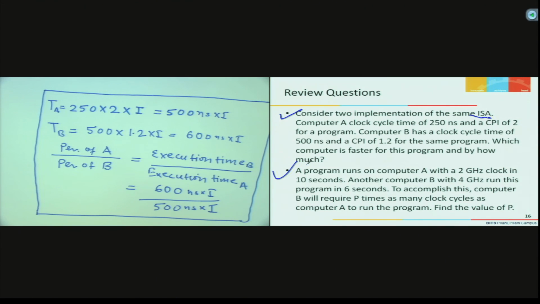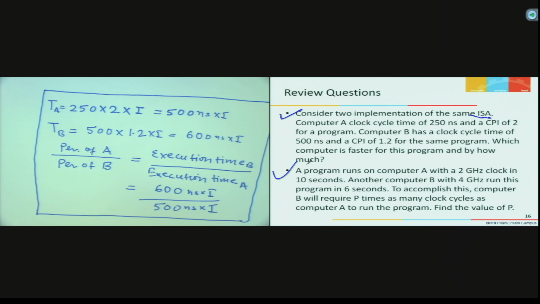So, let us solve this first problem. This problem talks about the performance comparison of two computers, where the CPI and the cycle time are given for the same program, and both have the same instruction set architecture as well. So, we can compare with respect to the execution time and the performance can be measured.